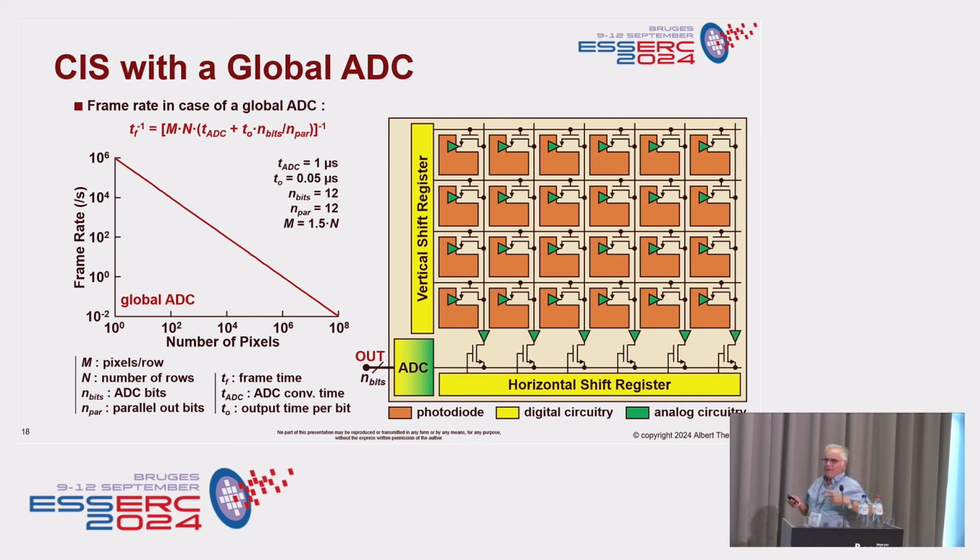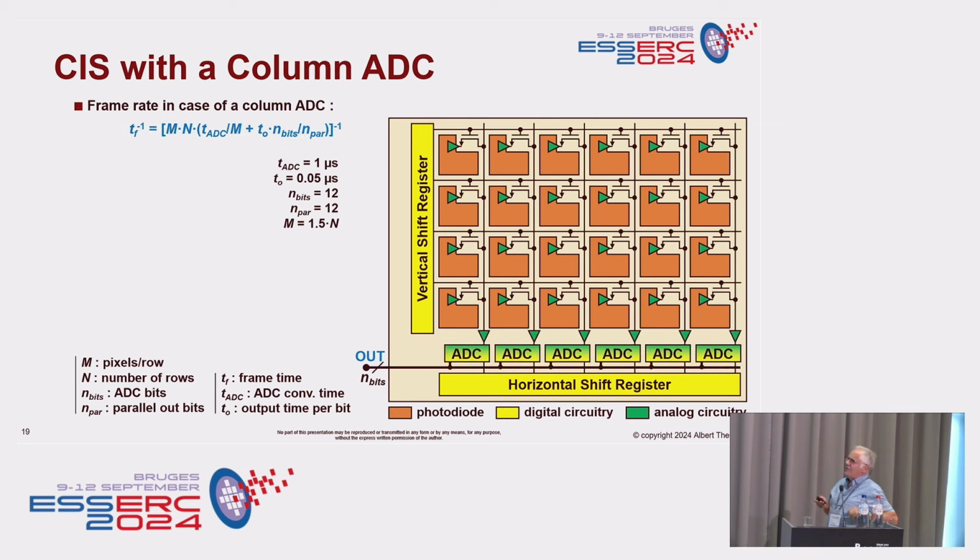So for two reasons, the speed and also the noise or the heat, people went to a new architecture, and that is to have an ADC on every column. That's what we call, believe it or not, a column level ADC. In the column level ADC, I use the same formula, except that this term is divided by M, because now I have M of these ADCs in parallel.